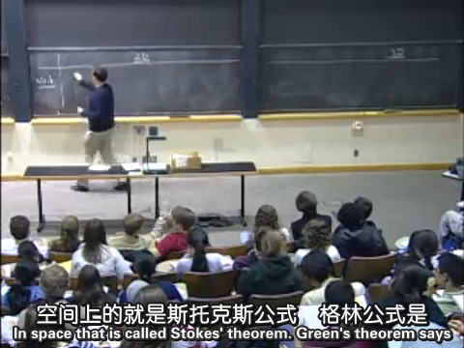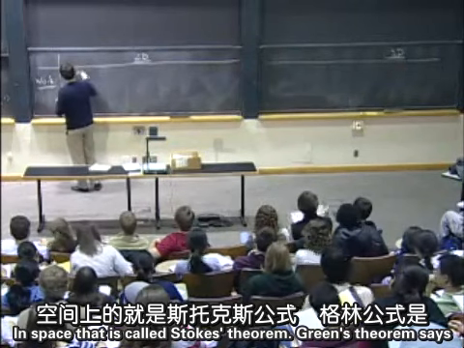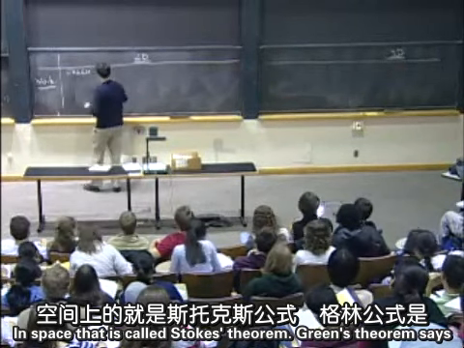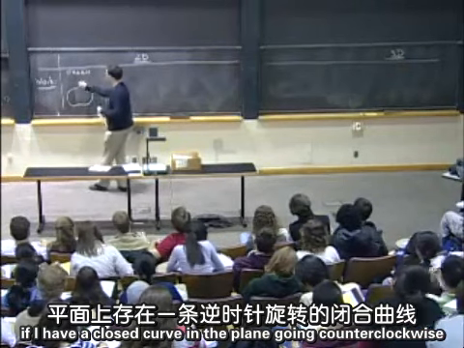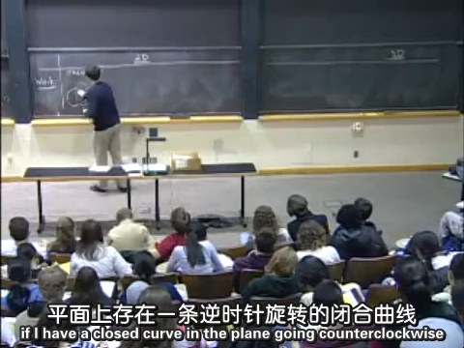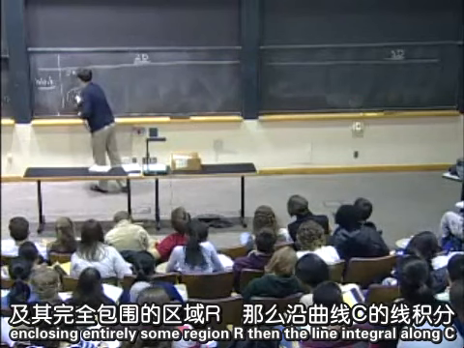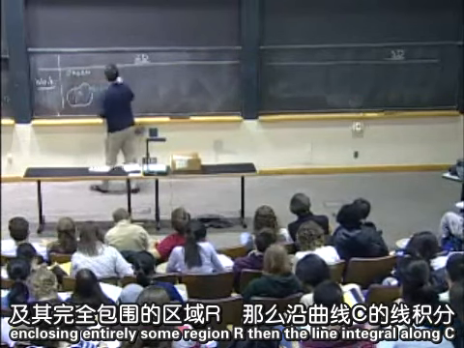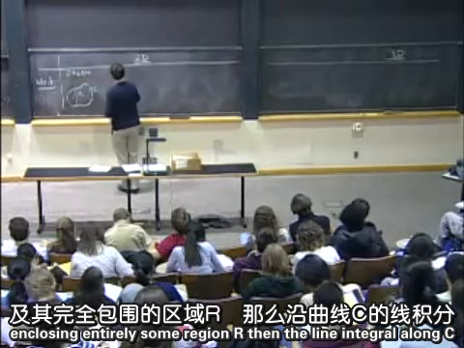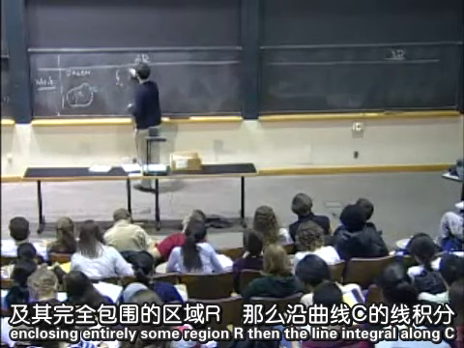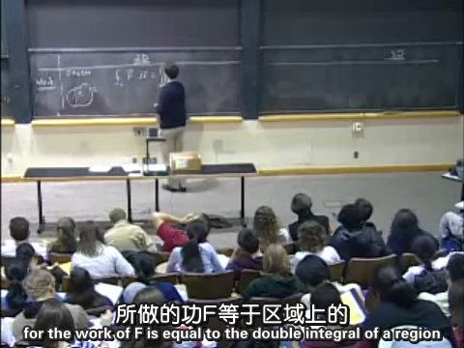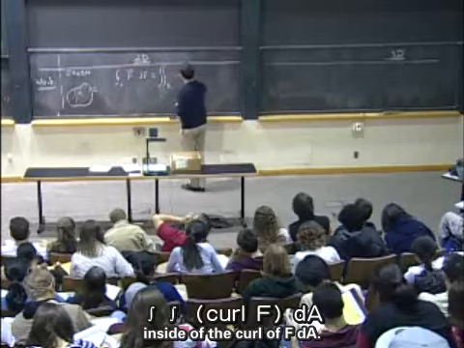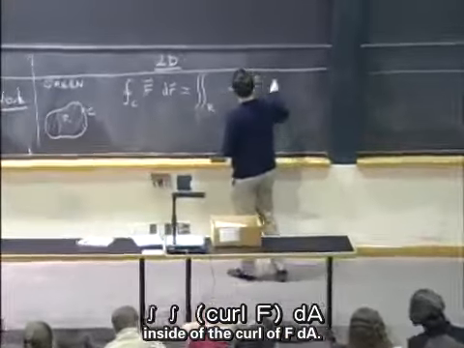Okay, so Green's theorem says if I have a closed curve in the plane going counterclockwise, enclosing entirely some region R, then the line integral along C for the work of F is equal to the double integral over the region inside of the curl of F dA.